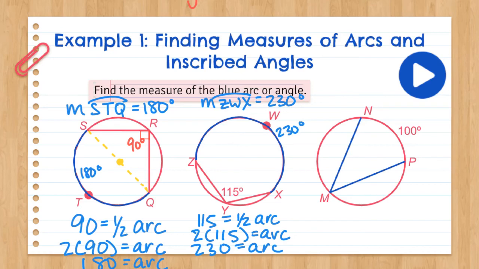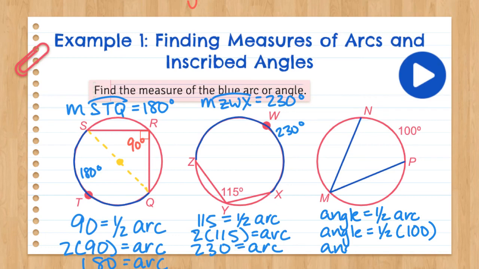And then finally, we have our last example here with our circle and our inscribed angle, and we have that formula angle equals half of the arc. But notice in this case, we're not given the angle, we're given the arc measure. So the arc measure here is 100, and we can see that it's up here near the arc.